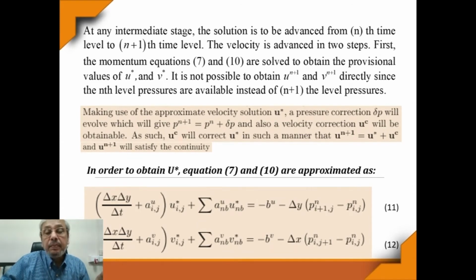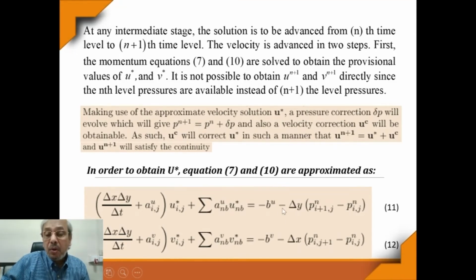We are calling them star values. So making use of the approximate velocity solution u star, this is u vector star, that means u and v both are addressed by this, a pressure correction delta P will evolve, which will give Pn plus 1 equal to Pn plus delta P.